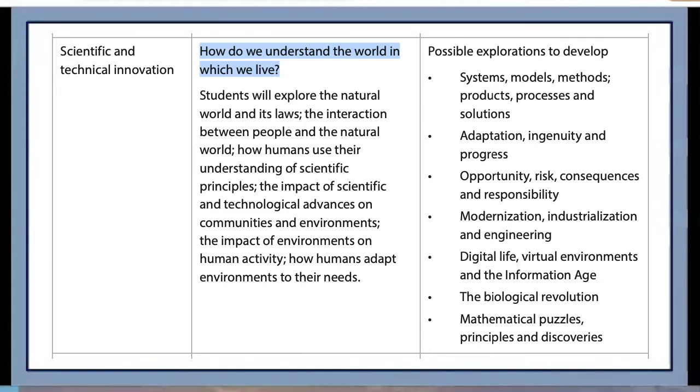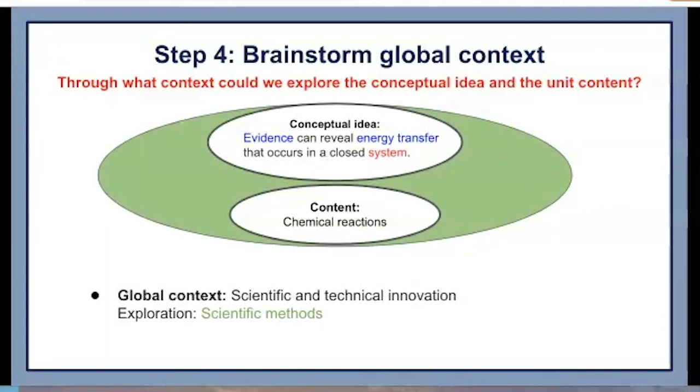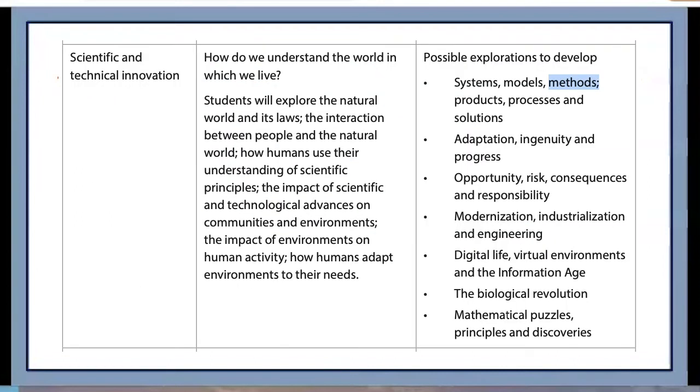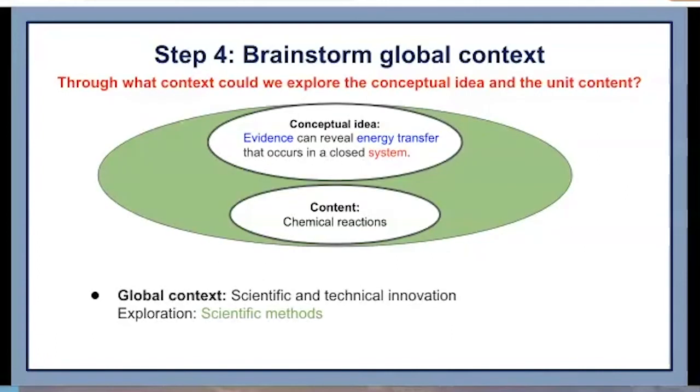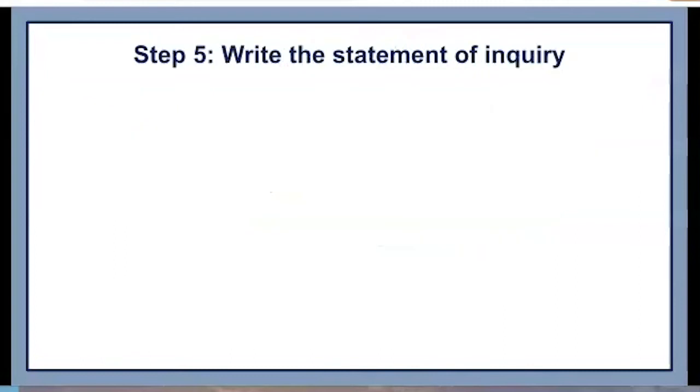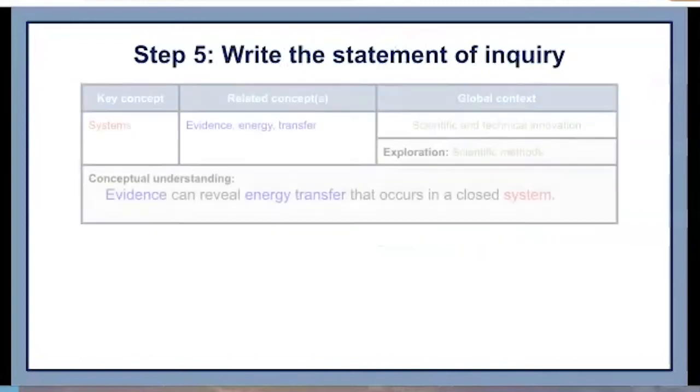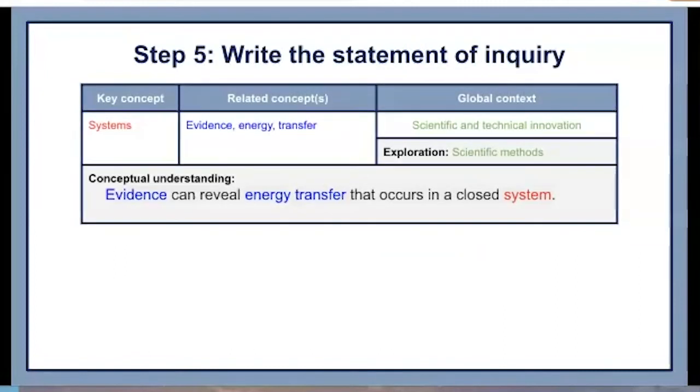So that question applies here to understanding chemical reactions. So that global context, scientific and technical innovation, might be selected. And within that context, we might select the exploration scientific method. That might be identified as a highly relevant context for inquiry throughout the unit. And we're going to combine those elements to form the statement of inquiry.